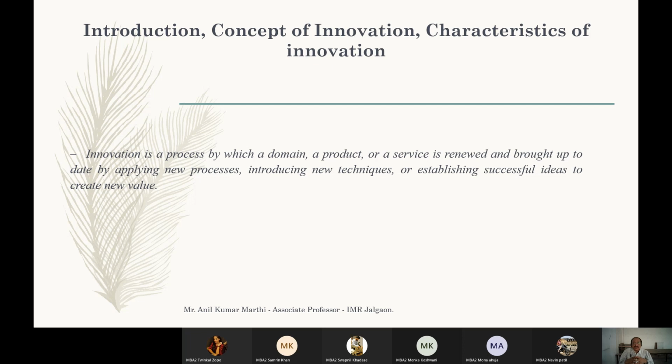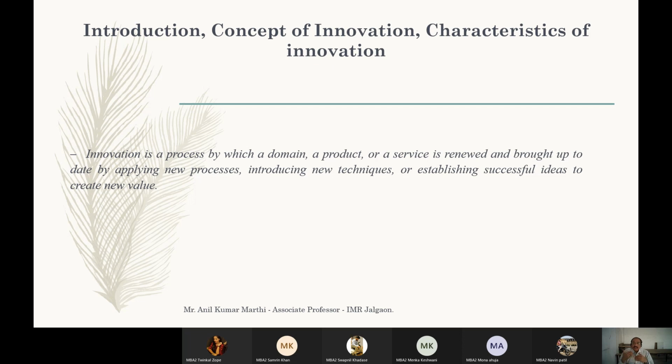Innovation is a process by which a domain, a product, or a service is renewed and brought up to date by applying new process, introducing new techniques, or establishing successful ideas to create new value. This is a very big definition about innovation.